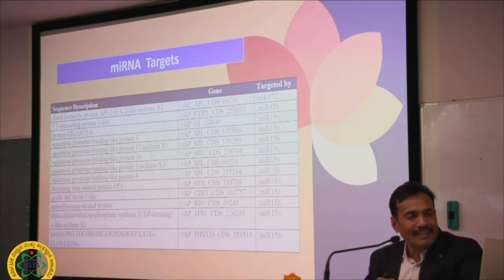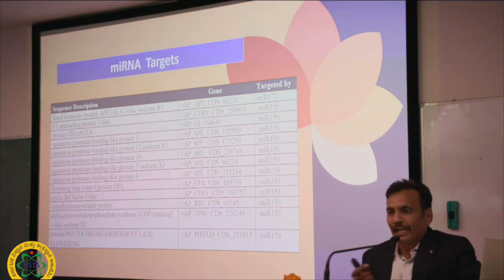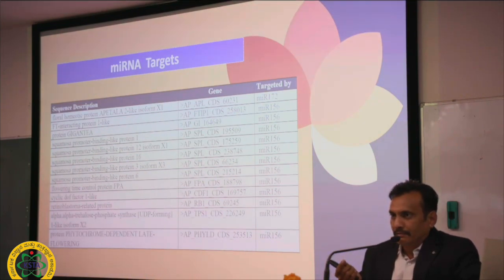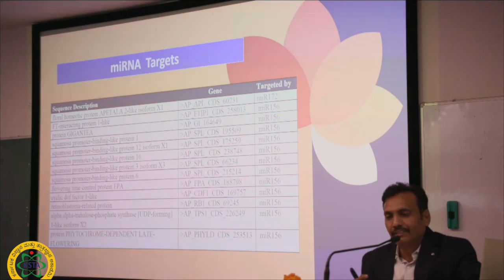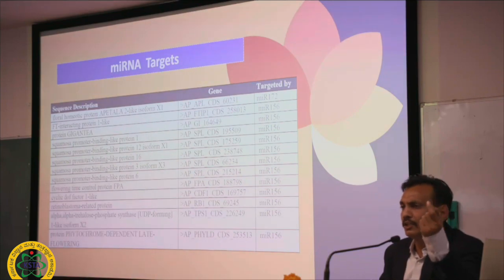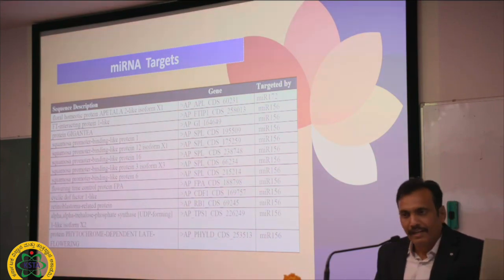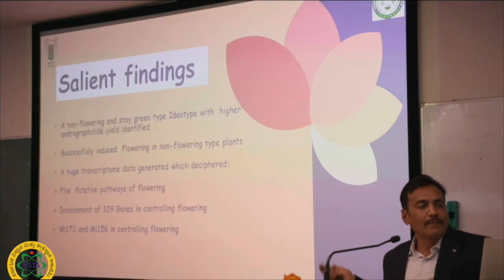AP2 is the gene which actually defines the site of meristem transformation to flowering. So this was the reason why the plant was unable to identify the apical tip as the site of flower initiation. This is our work, and now we are working on validation of this particular aspect.